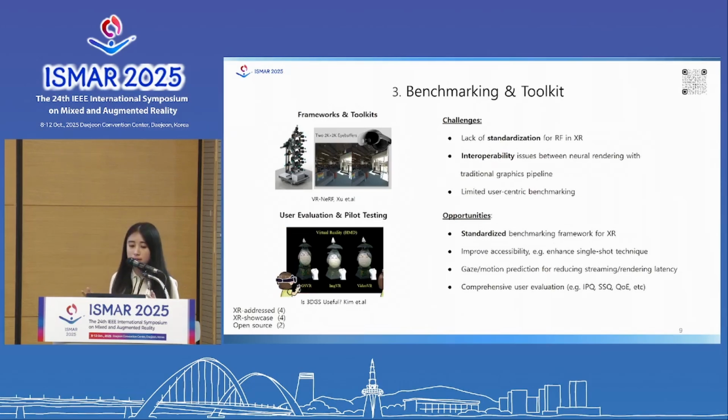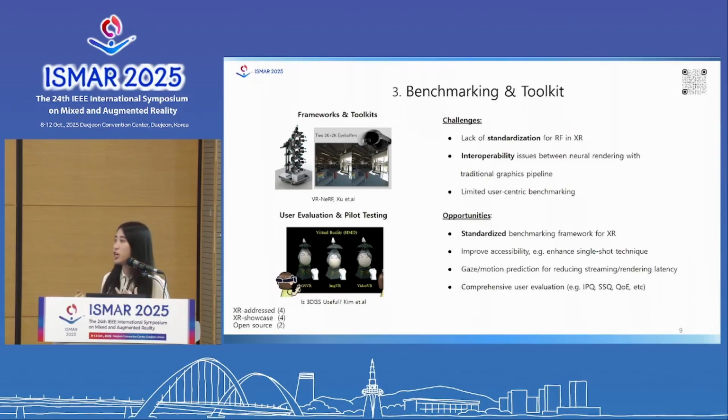And the third category is benchmarking and toolkits, where researchers develop different frameworks or end-to-end pipelines from capturing to rendering to test the performance or evaluate the different variants of radiance fields. And also there's an increasing amount of user evaluation to benchmark, for example, user perception of radiance fields compared to traditional scene representations such as meshes.